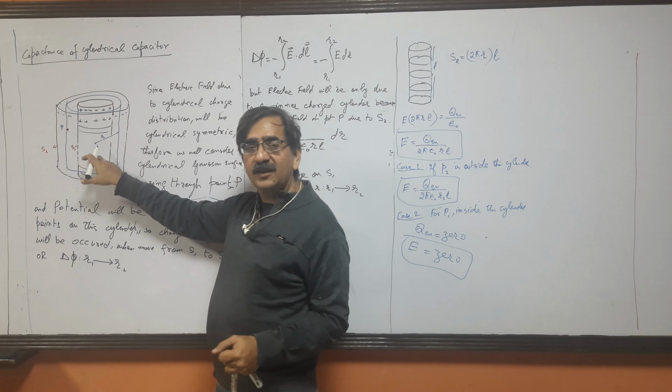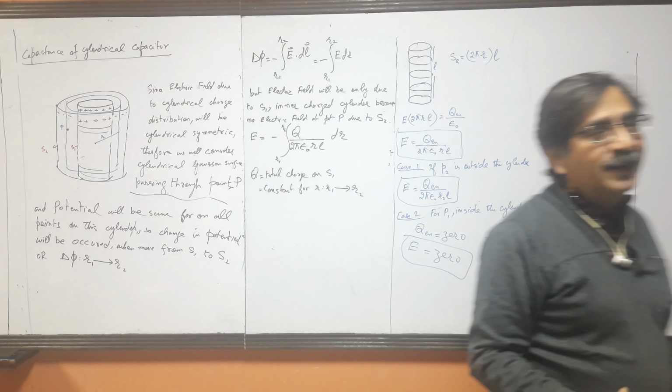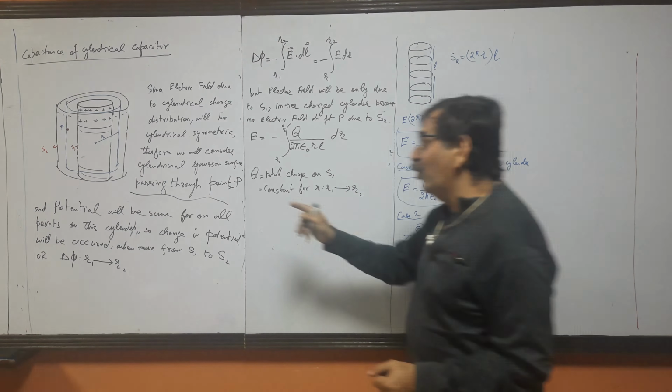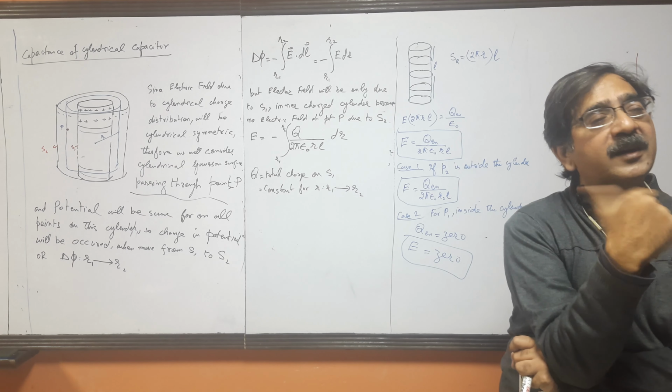This is the total charge on the cylinder. The motion when we move from S1 to S2 will not affect the total charge. I have already explained that the electric field will be considered only due to S1, because according to Gauss's law, the electric field is produced only by the charge enclosed, as we did in the case of electric field.